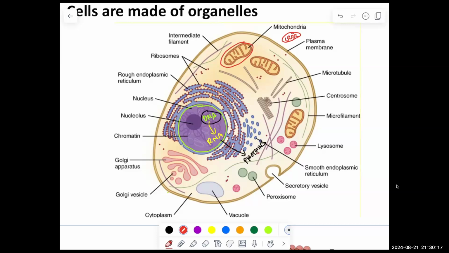What do mitochondria do? What are they making? And what is the energy of a cell? So you will not call it a powerhouse of a cell. You will not tell me it makes energy. You will be specific and tell me it creates ATP. That is what the mitochondria does. It makes, generates, produces, synthesizes, whatever you want to say, it makes the ATP.